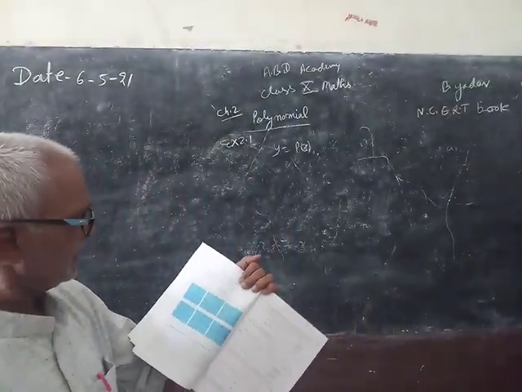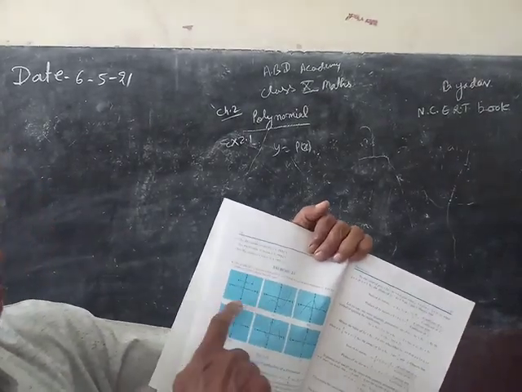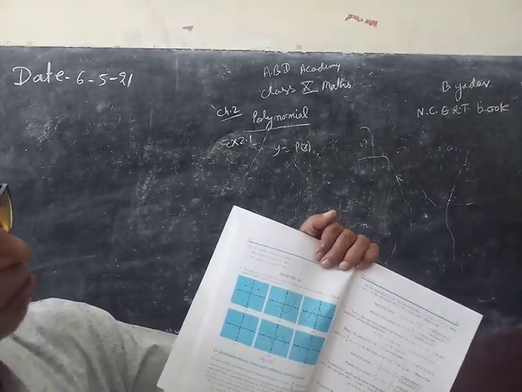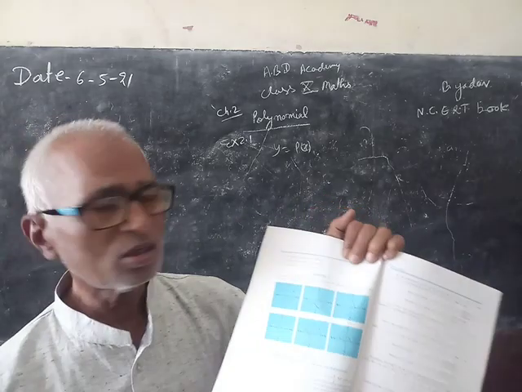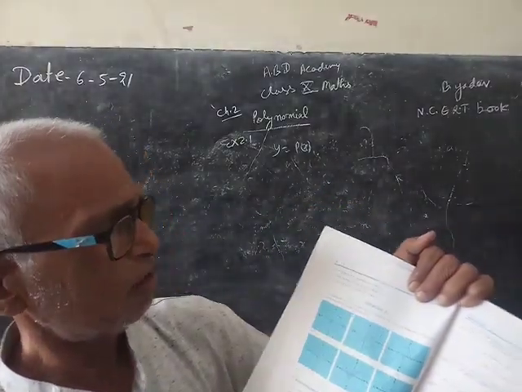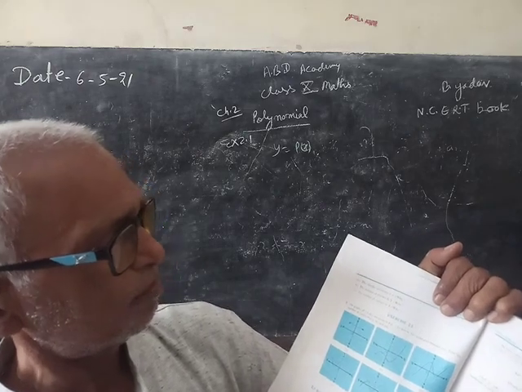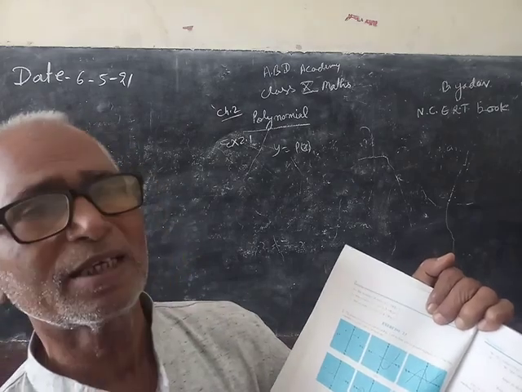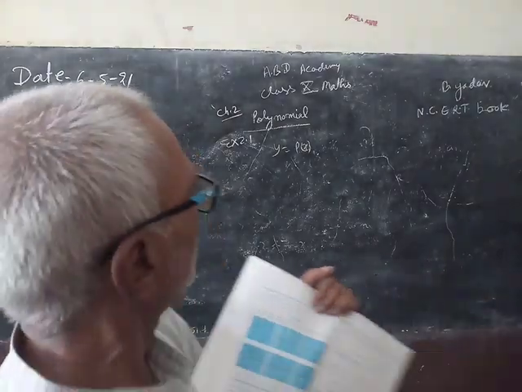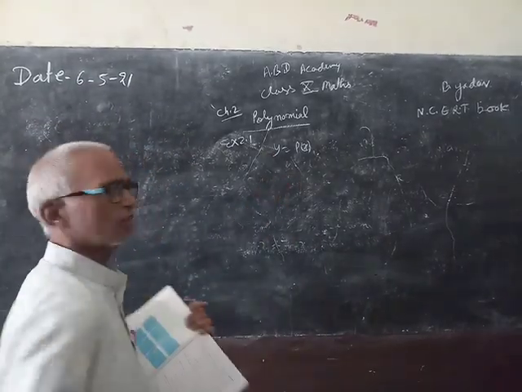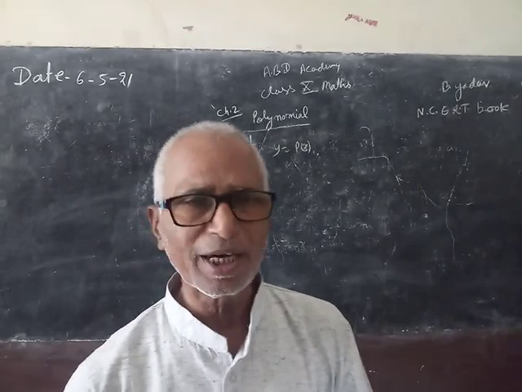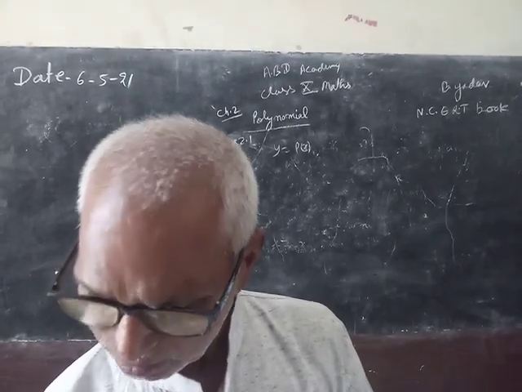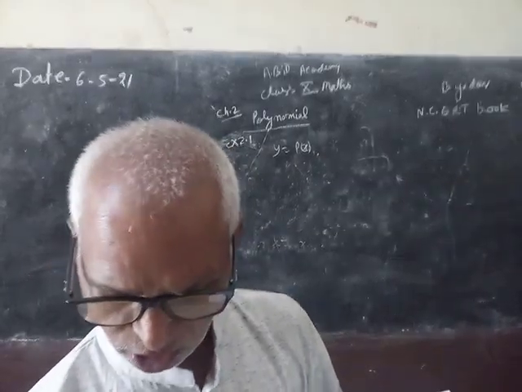When y is 0, then the values of x for which y becomes 0 are called zeros of the polynomial.